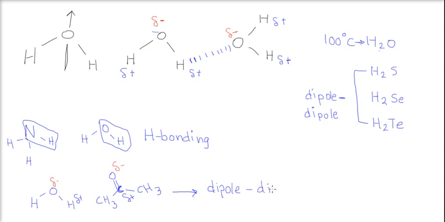In order to be considered hydrogen bonding, both molecules must have either a nitrogen-hydrogen or an oxygen-hydrogen bond. If one of the molecules does not have an oxygen-hydrogen or nitrogen-hydrogen bond, then you cannot consider the attraction between those two molecules to be hydrogen bonding, as is the case with water and acetone.